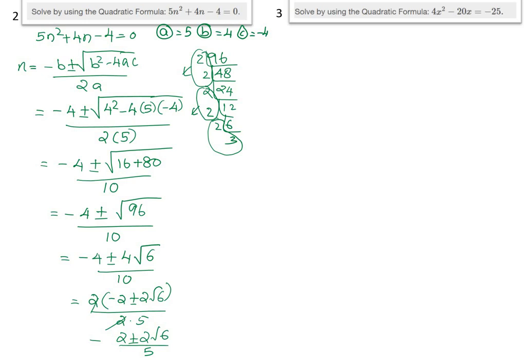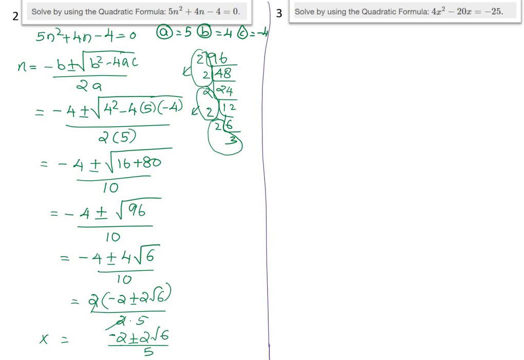So we have two solutions. One is negative 2 plus 2 root 6 divided by 5, and the second one is negative 2 minus 2 root 6 divided by 5. Okay, now let us have another one.